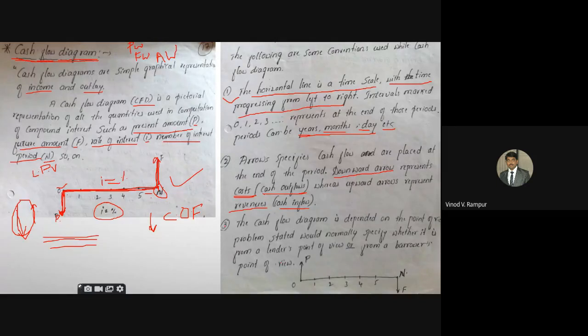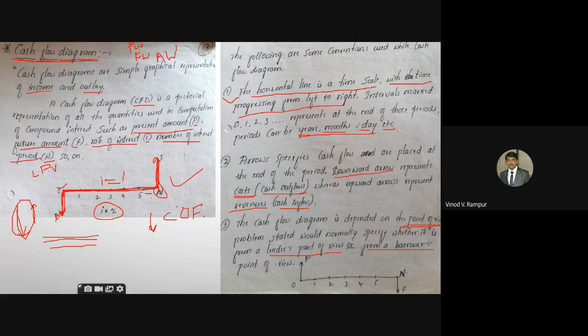In the third condition, the cash flow diagram is dependent on the point of view. Just now I told you there are two points of view: lender point of view and borrower point of view. The problem statement would normally specify whether it is from a lender's or a borrower's point of view.